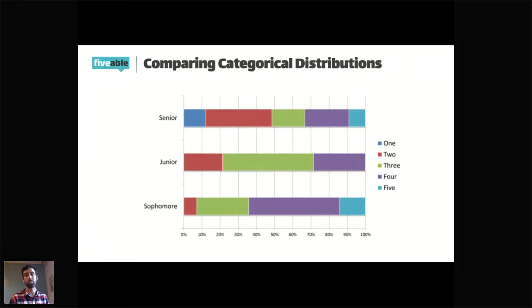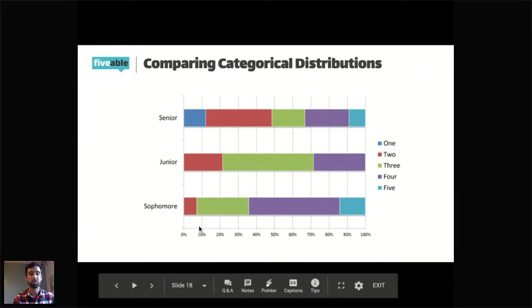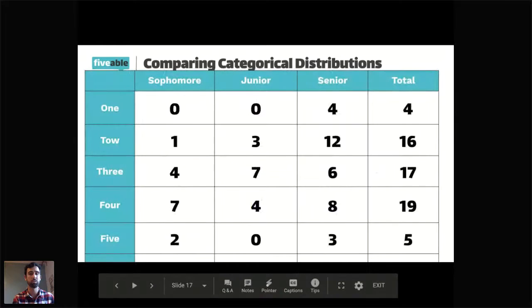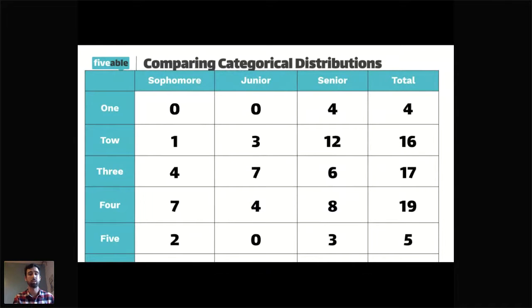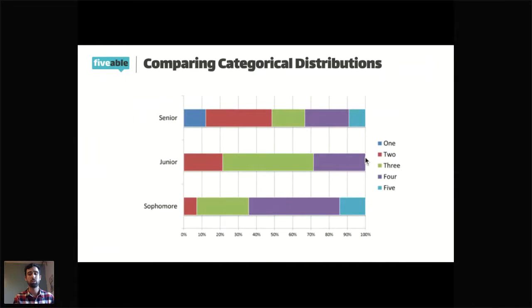This was one of the AP questions, I believe it was pretty recent, 2016, I want to say, but I'll double check that. So the way you create a segmented bar graph is you find your percentages, and those come from your table, and you create those percentages in your bar graph.